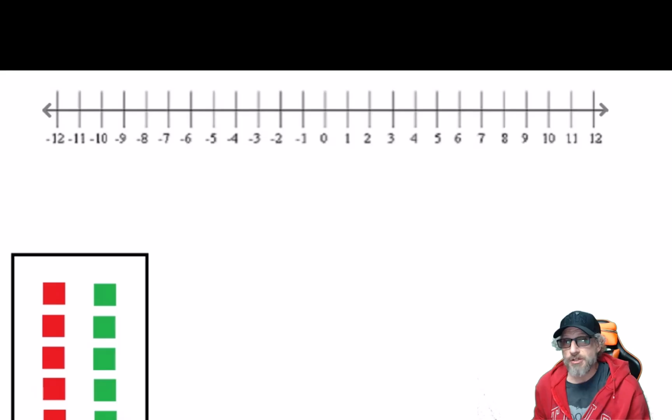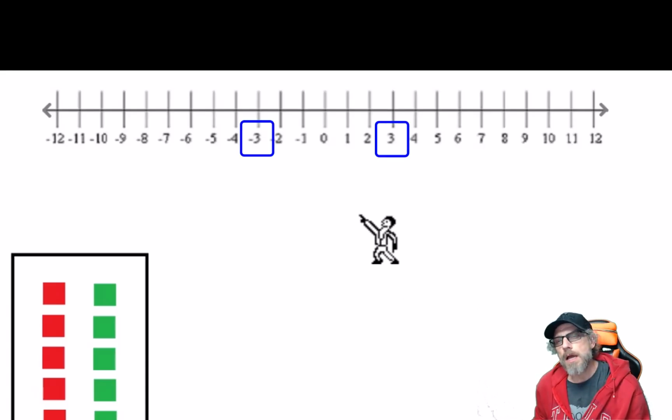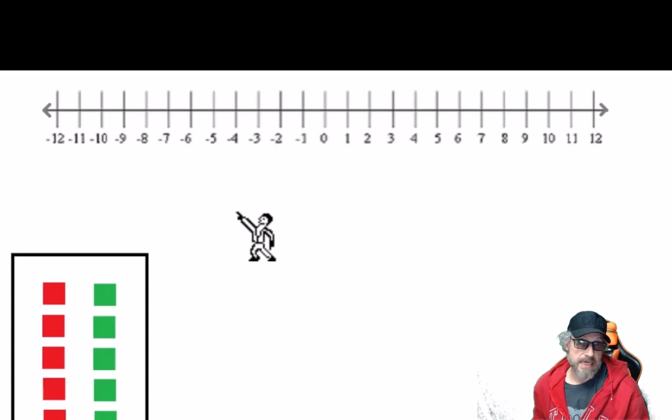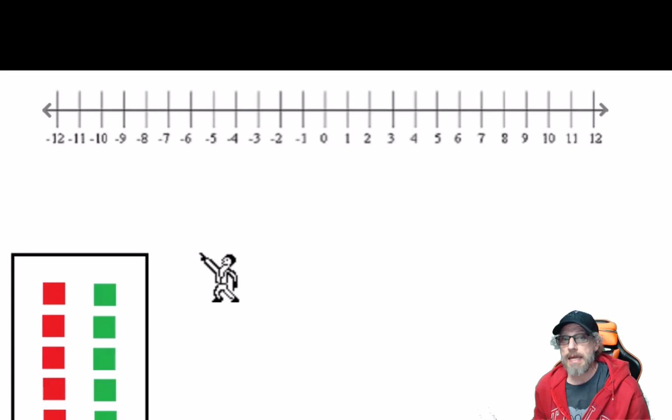When we talk about integers, we refer to the positives and the negatives as being opposites. So +3 and -3 are opposites. Opposites are numbers that are the same distance from 0 on the number line, but they are on opposite sides of 0. So as I said, 3 and -3, 8 and -8, 12 and -12, those are all pairs of opposites, and so on.